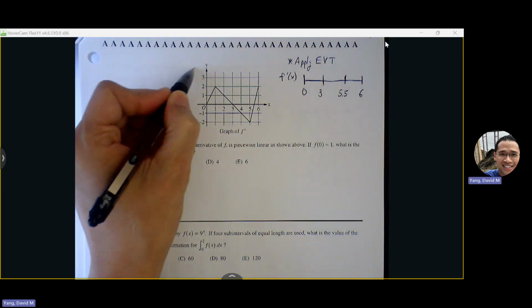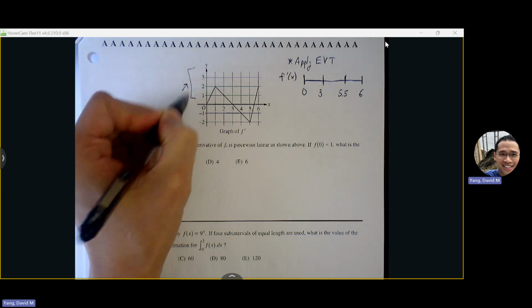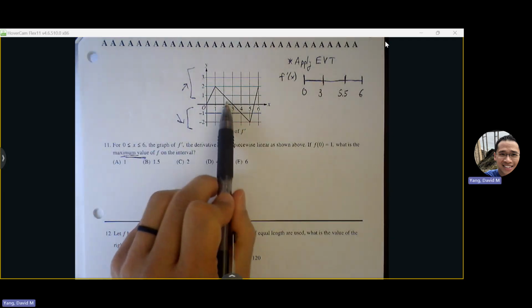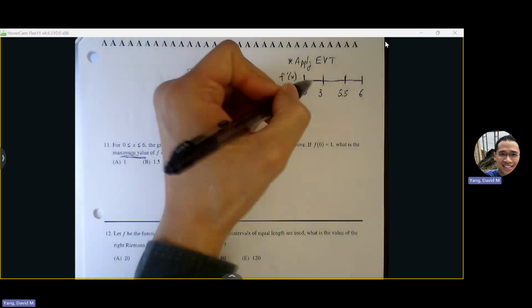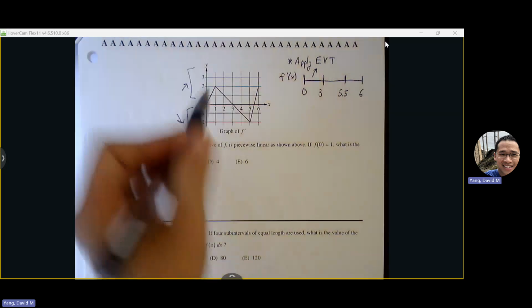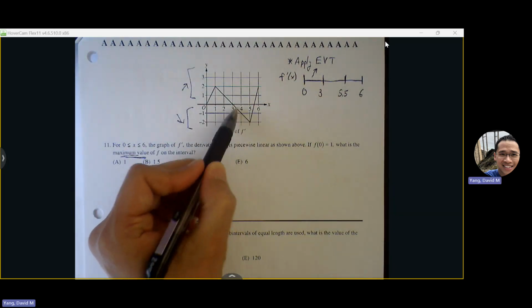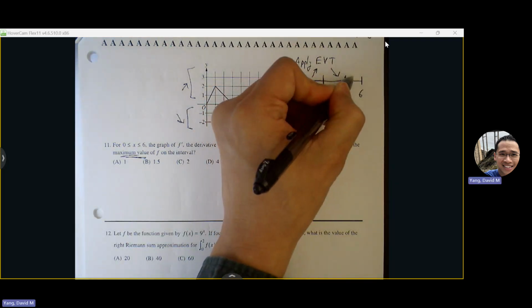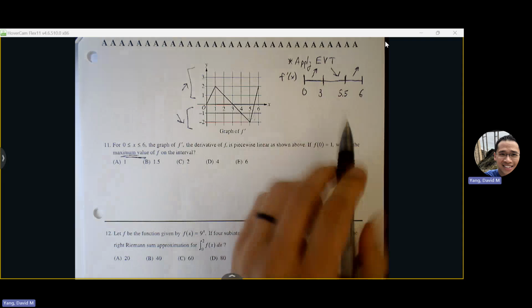Remember, this is the f prime graph, so above means positive slope, below means negative slope. So between 0 and 3, above the x-axis, we start off with positive slope. From 3 to 5.5, below the x-axis, so negative slope. And then from 5.5 to 6, positive slope.